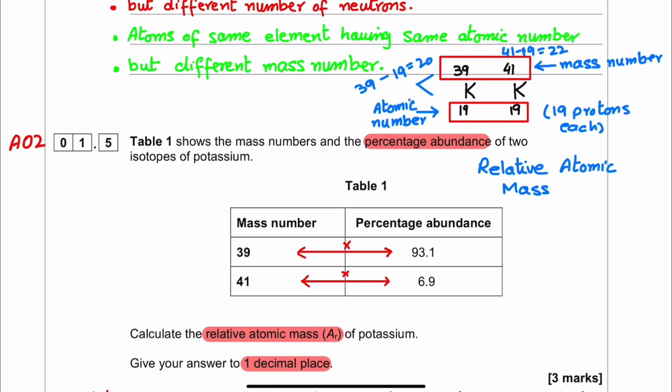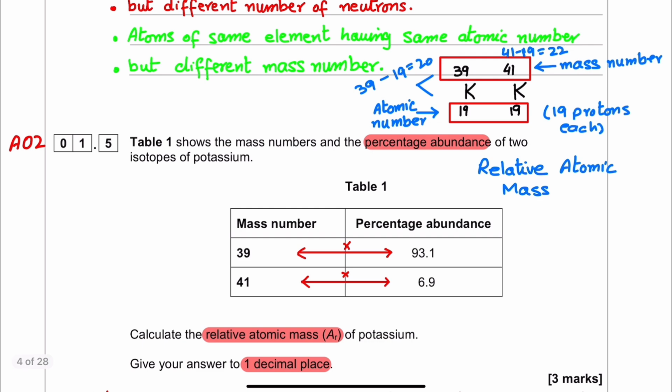Give your answer to one decimal place. Let's see the formula which is needed to find the relative atomic mass, and we need our answer to one decimal place. Let's see the model answer.